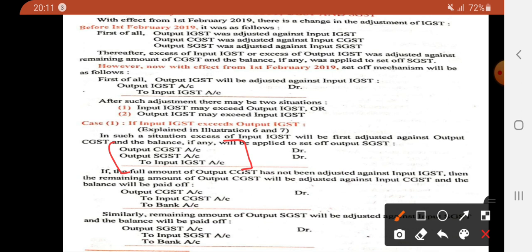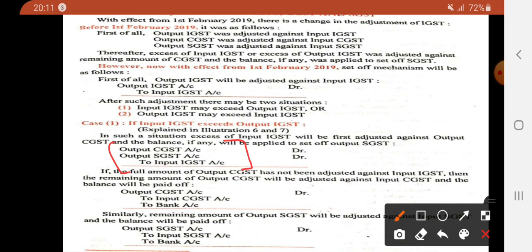So if the full amount of output CGST is not adjusted with input IGST, then the remaining will be adjusted and the balance will be paid off.